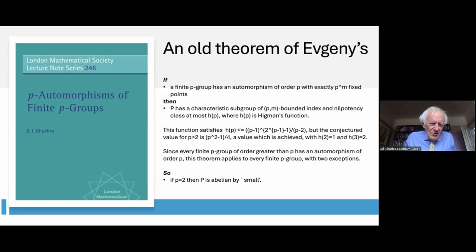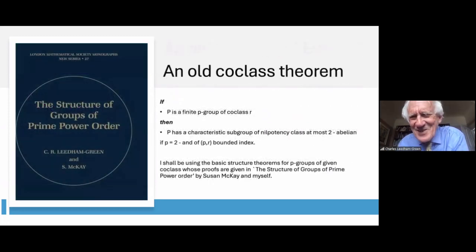Okay, so that is one theorem which comes from the approach of the way Evgeny looks at dihedral groups, and here is an old co-class theorem, which says if P is a finite p-group of co-class r, then P has a characteristic subgroup of nilpotency class at most 2, or if p equals 2, it's abelian, and of p^r-bounded index. So if p equals 2, we come essentially to the same conclusion, whichever way we look at it.